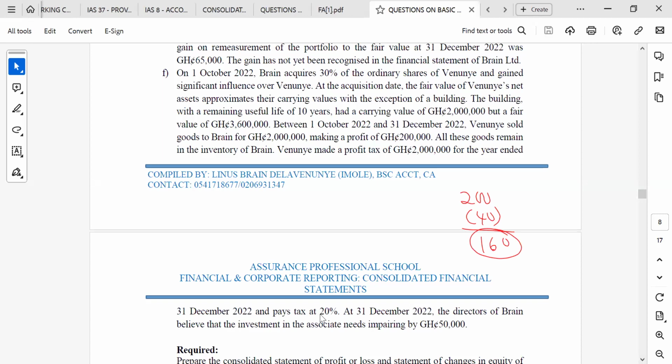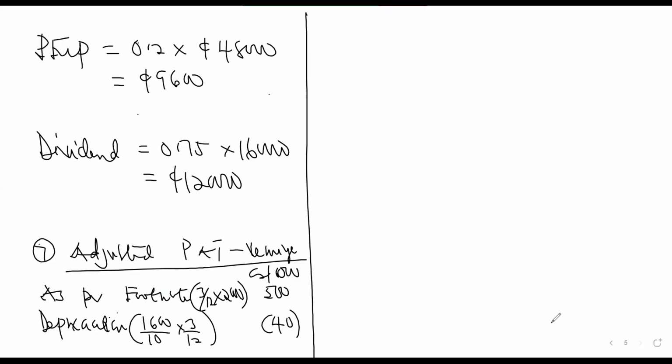Yes. But since we didn't know the depreciation, the tax was charged on the higher value of 200. So since we are now subtracting this, there will be a tax benefit on the depreciation.